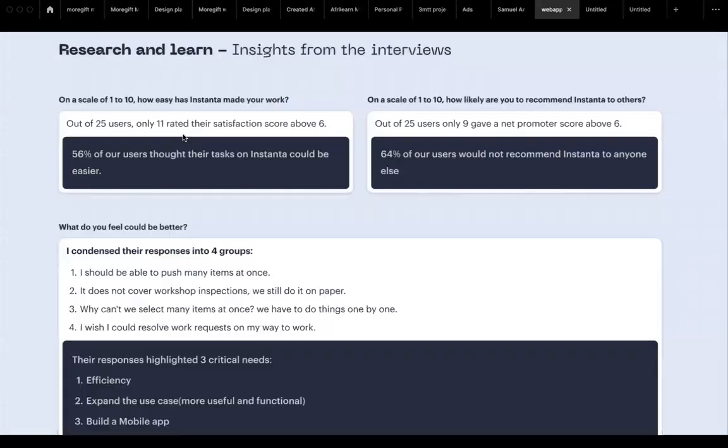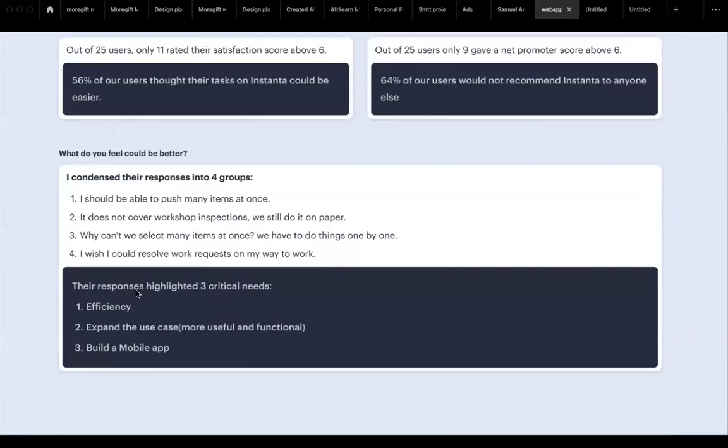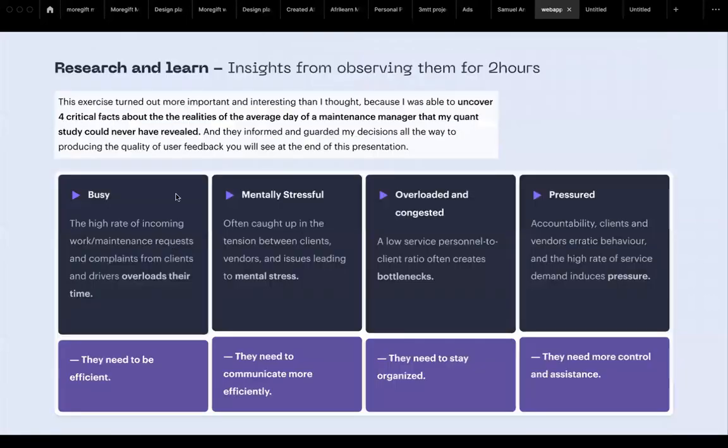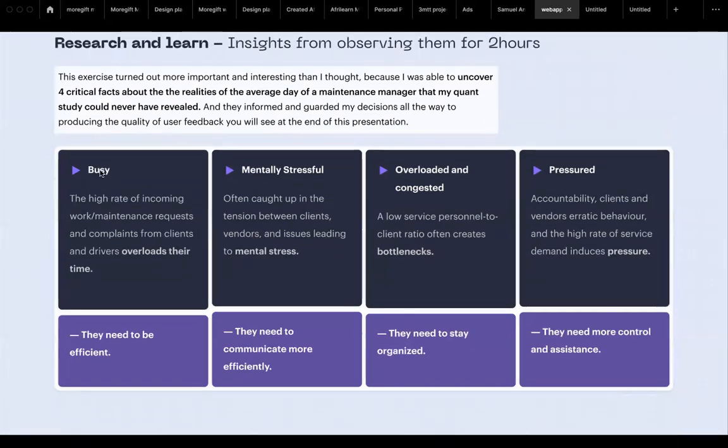So this is a quant study that was telling me about efficiency, expanding skills, and using a mobile app. This is a qualitative study. These findings informed and guided my decisions all the way to produce the quality of user feedback you will see at the end of this presentation. So, busy. They are very busy people.